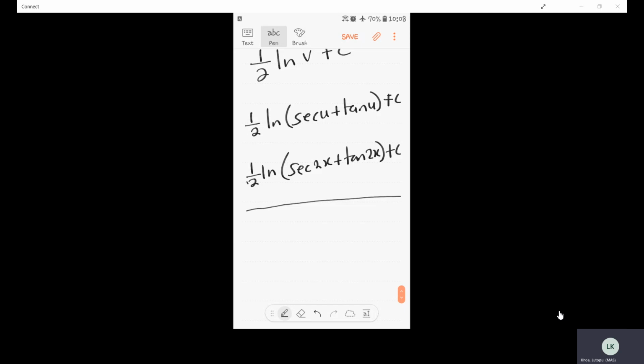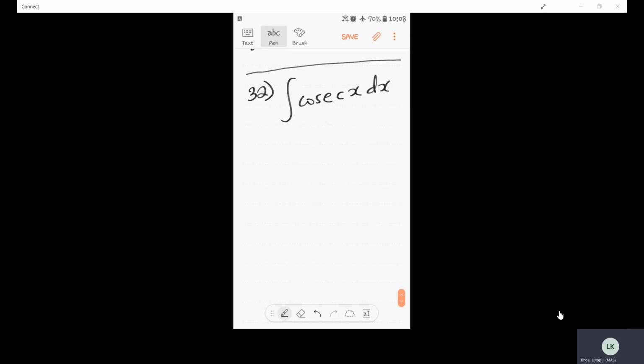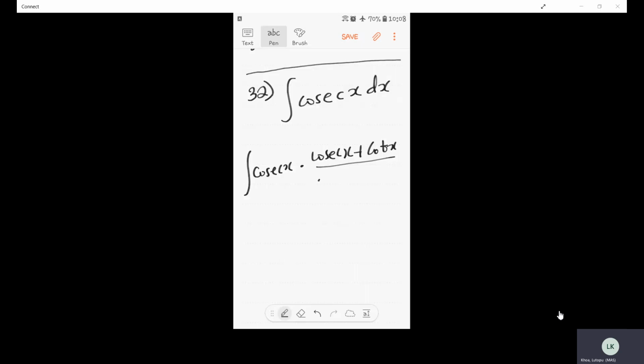Okay, let's do one more like that. This one is number 32. If you're asked to integrate cosec x with respect to x, here I will use that trick of introducing the derivative. So I will say cosec x multiplied by cosec x plus cot x over cosec x plus cot x, and this is all with respect to x.